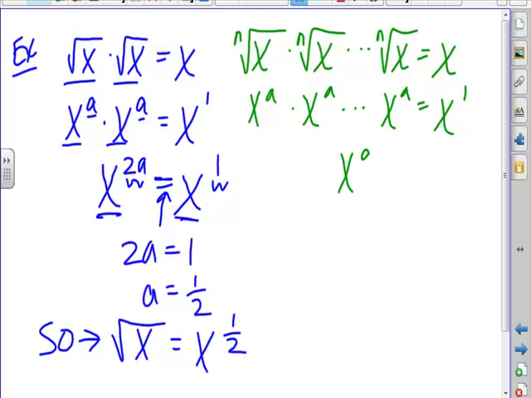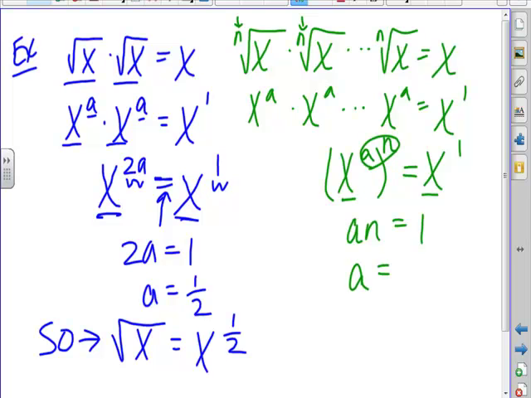Basically, the number of times we'd have to multiply that x to the a would be the n of whatever this root is. Like if it was a 3, we'd do it 3 times, but just to allow it to be more useful to us for any root, I'm going to put an n there. So then, using our power of the power, this would be x to the a times n, and since we have the same base, then I could say that a times n has to be equal to 1, which means that a is equal to 1 over n.